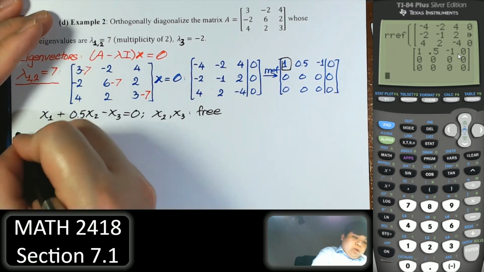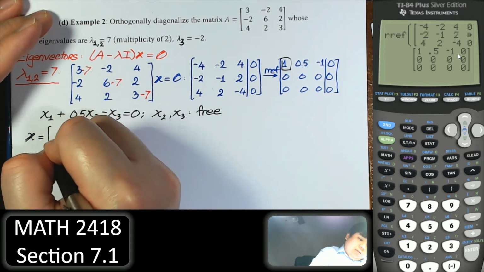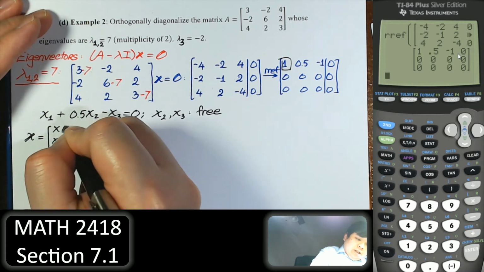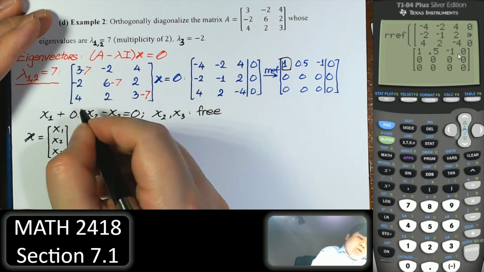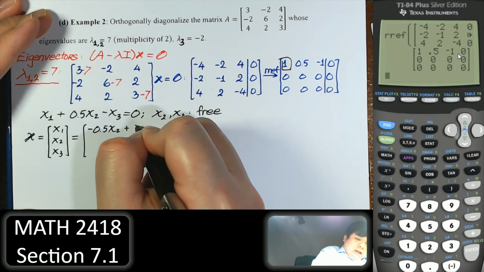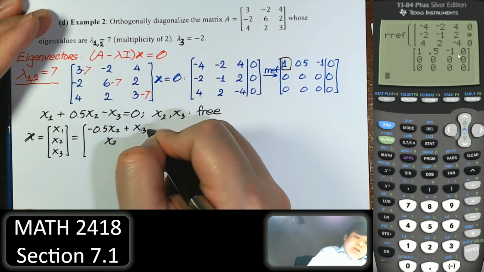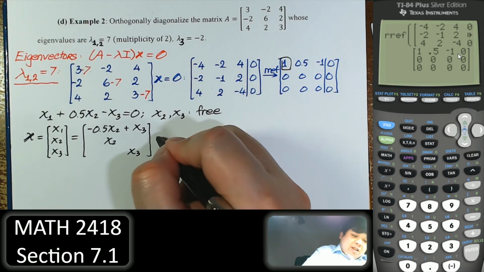To write the solution, we have x equal to x1, x2, x3. x1, subtract this to the other side, negative 0.5 x2 plus x3. x2 is free, x3 is free. So put like that, so we can just split the vectors.